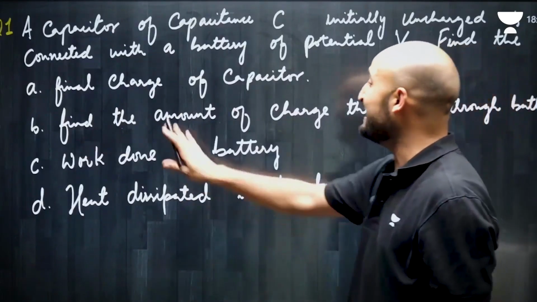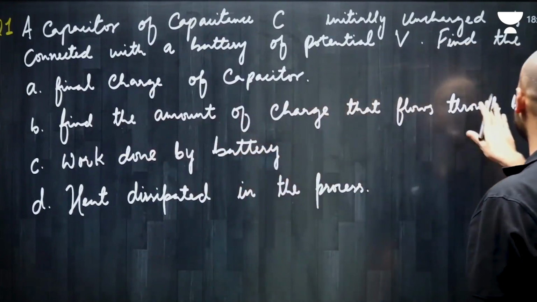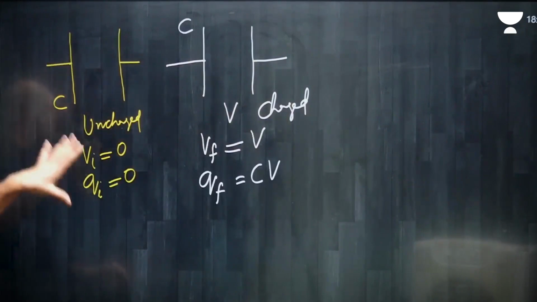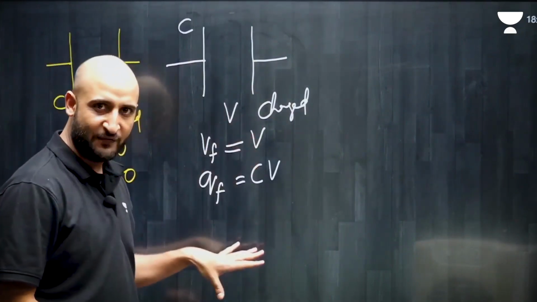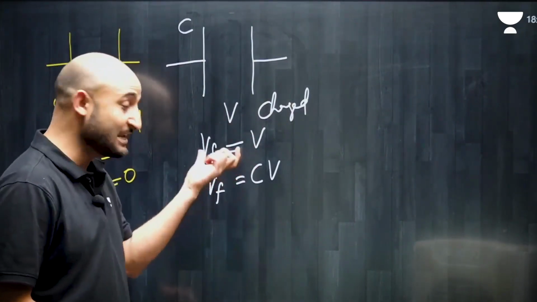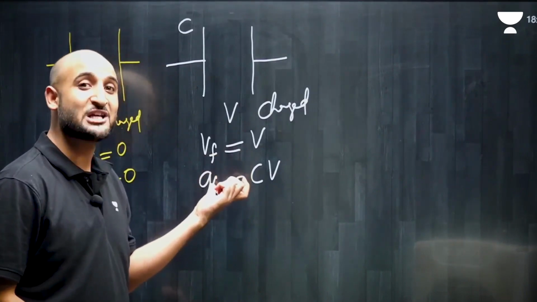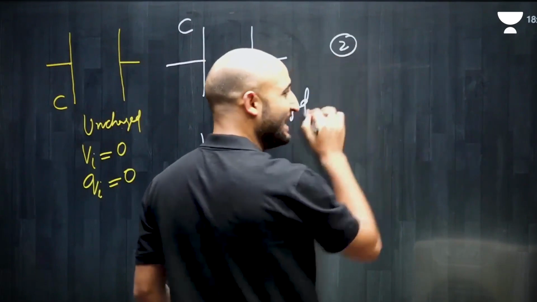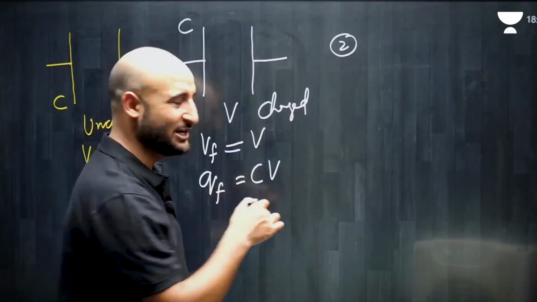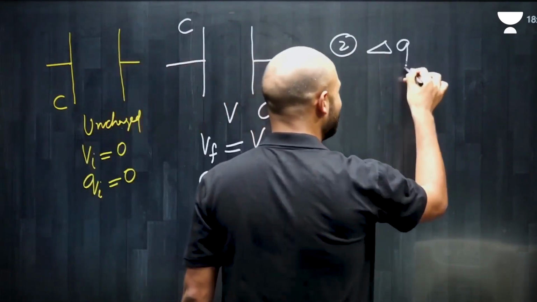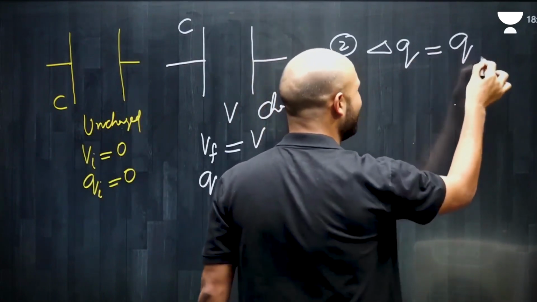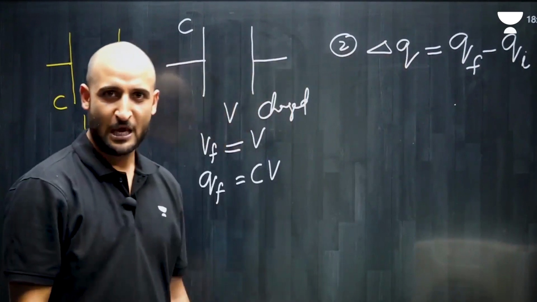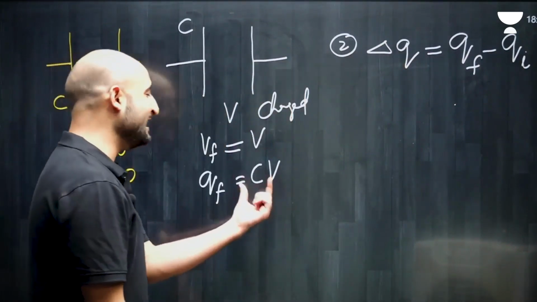Second part, find the amount of charge that transfers through the battery. Now see, what was the initial charge in the capacitor? That was 0. Final charge is CV. Who has given this charge? The battery. The amount of charge that flows through the battery, I call delta Q. Delta Q is obviously equal to Q final minus Q initial, because initially it was 0 and finally it is CV.